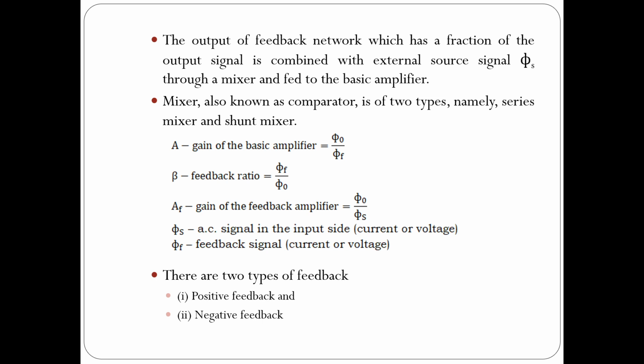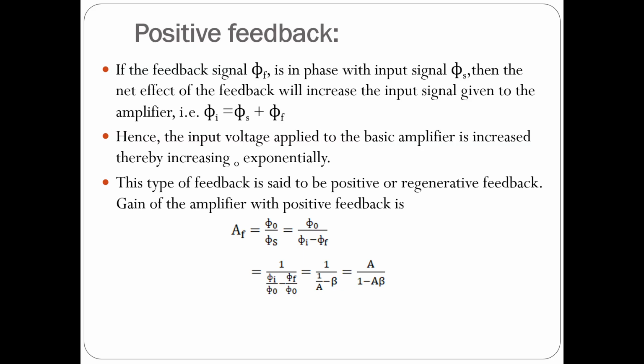There are two types of feedback: positive feedback and negative feedback. In positive feedback, if the feedback signal Xf is in phase with the input signal Xs, the net effect of the feedback is to increase the input signal given to the amplifier. The input voltage applied to the basic amplifier is increased, thereby increasing the output exponentially.